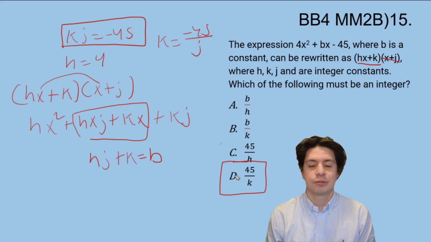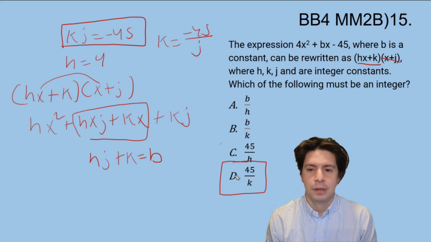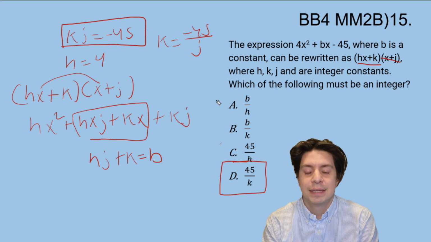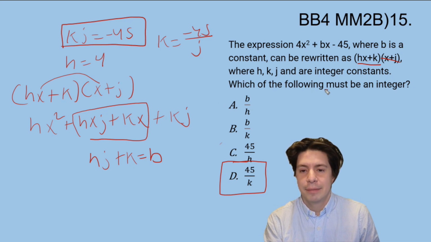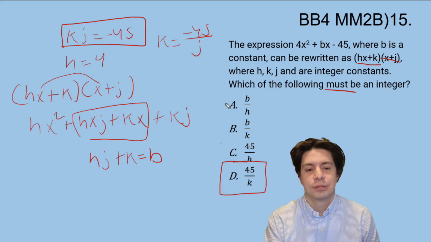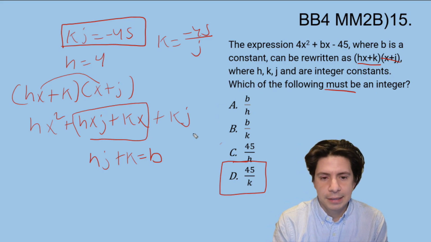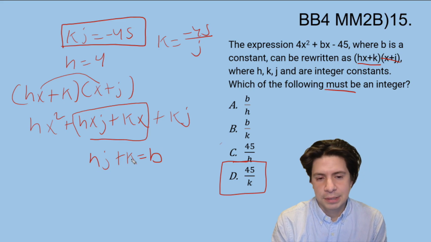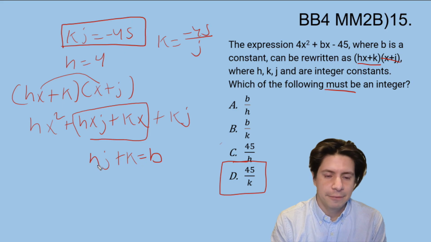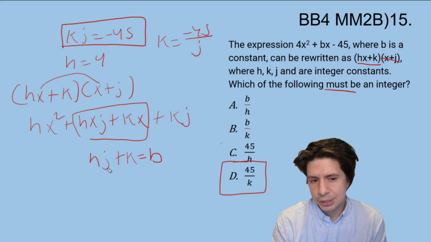Now you might be asking, Sebastian, why don't the other ones work? The other ones don't necessarily not work, it's just that it has to be a must, so the other ones don't have to work this way. So the relationship between b and h is hj plus k equals b. If anything, that tells us that b is not necessarily a multiple of h, because hj gets us a whole number, and then we're adding k on.